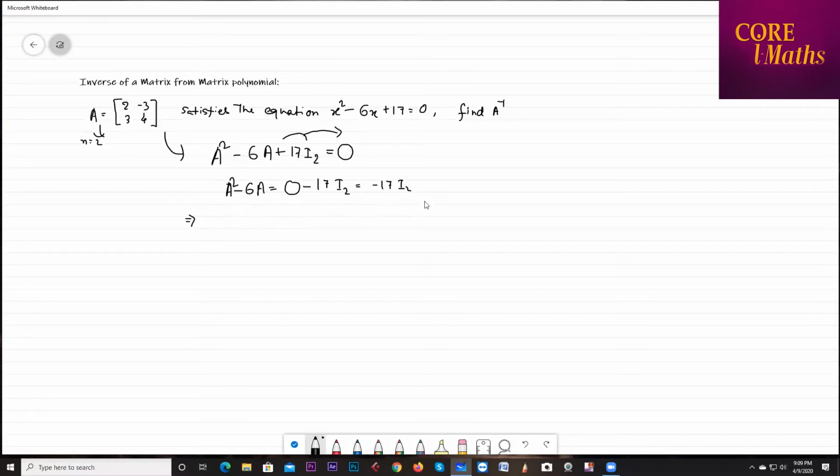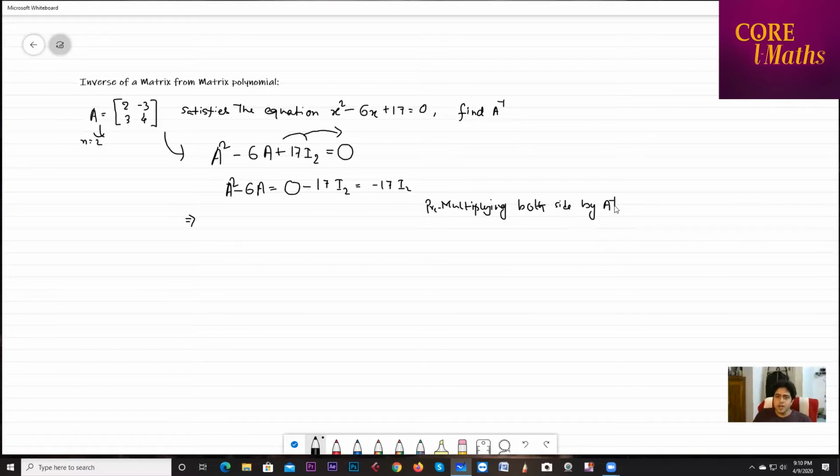Now, multiplying, or better to write pre-multiplying both sides by A inverse. So what is pre-multiplying and post-multiplying? Suppose one matrix B is given.